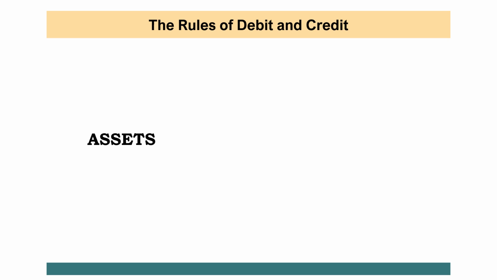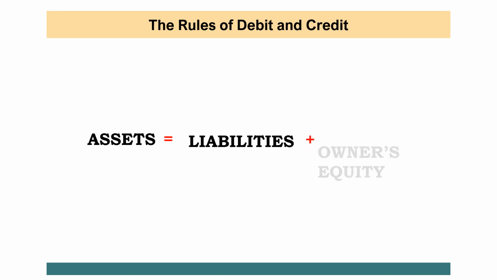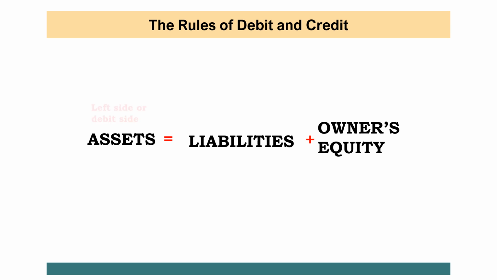Okay, what are these rules? Recall our accounting equation, the one we discussed last time. We have assets equals liabilities plus owner's equity. You will notice, and it's very obvious, that assets are found on the left side of the equation, and we call that the debit side.